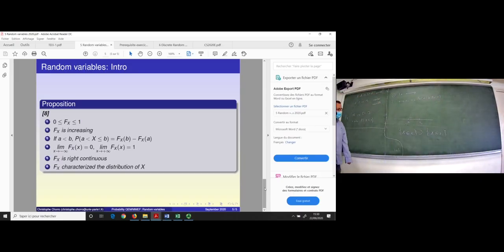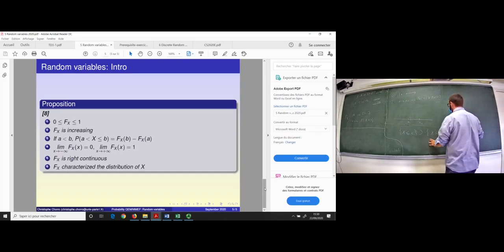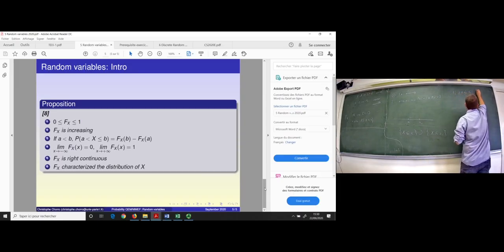And in fact, it's finished, because what we have seen together in the first session is that if A is included in B, P(A) is less than P(B). So from this inclusion, I am sure that the probability that X is less than x2 is smaller than the probability that X is less than x1, because this set is the biggest in the sense of inclusion.